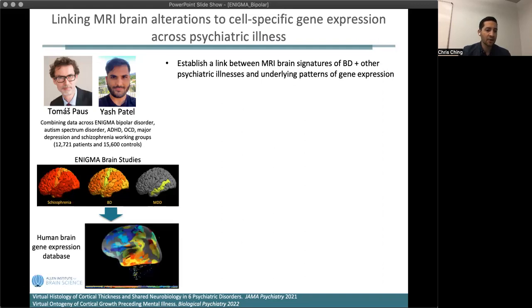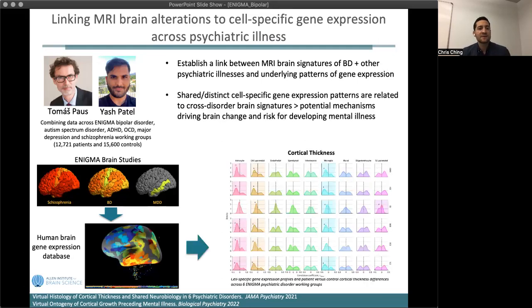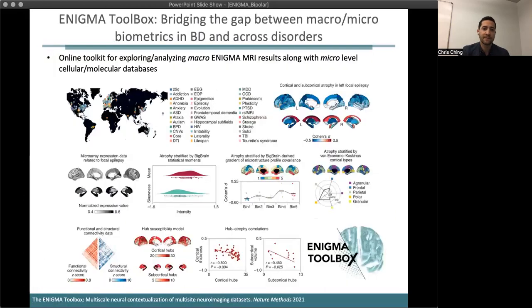And by linking those to human brain gene expression database information, we're finding is that there are some shared and distinct cell-specific gene expression patterns that may be related to cross-disorder brain signatures, right? So pointing to potential future hypotheses that we can test regarding the mechanisms that might be driving brain change and risk for developing these different mental illnesses.